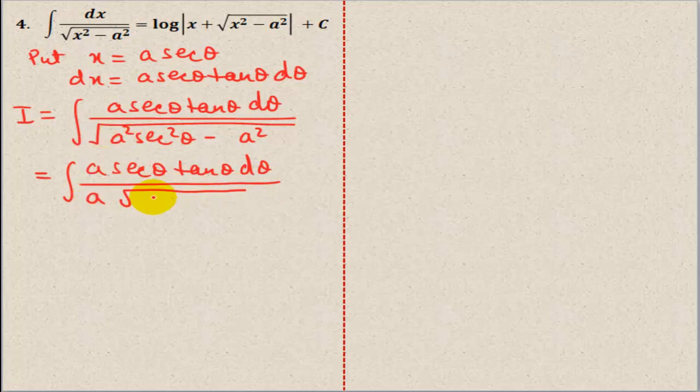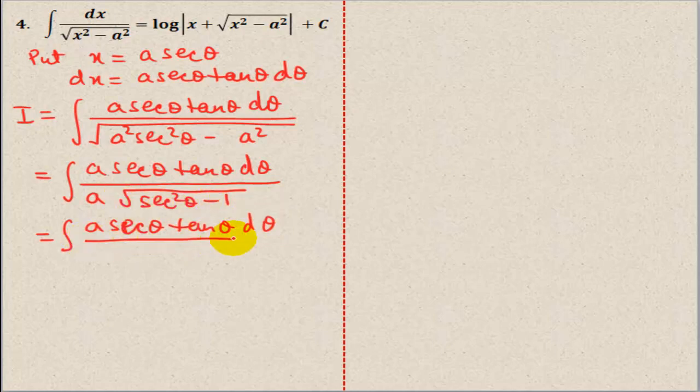So under the square root we are left with sec square theta minus 1, which can be further converted into tan square theta using the trigonometric identity. Sec square theta minus 1 is tan square theta. So when we replace this by tan square theta, because it is also under the square root, on taking the square root, we get simply tan theta here.